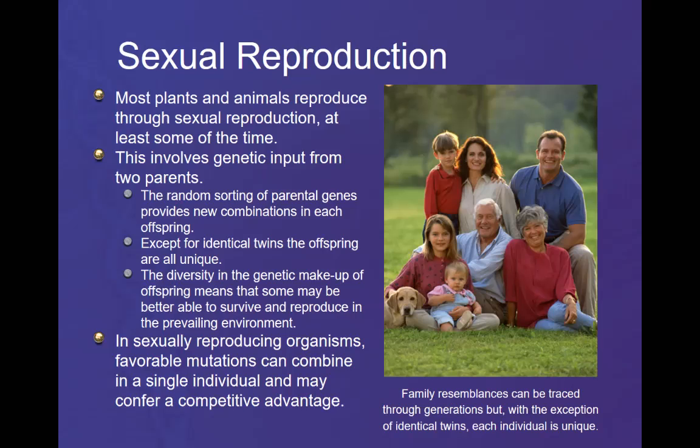This will be huge when we go ahead and start talking about evolution later on. This idea of survival of the fittest, or survival and reproduction. In sexually reproducing organisms, favorable mutations can combine in a single individual and give them an advantage in a particular environment, making them more likely to survive and have more offspring. Okay?